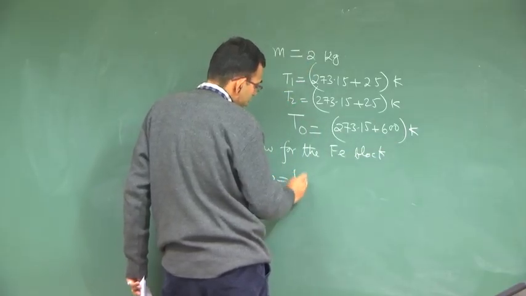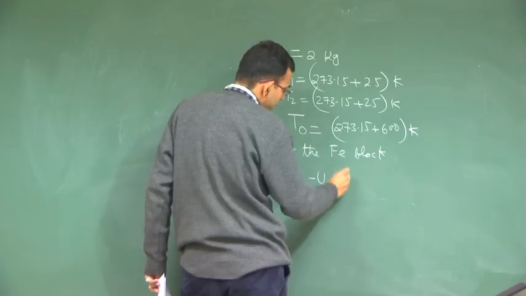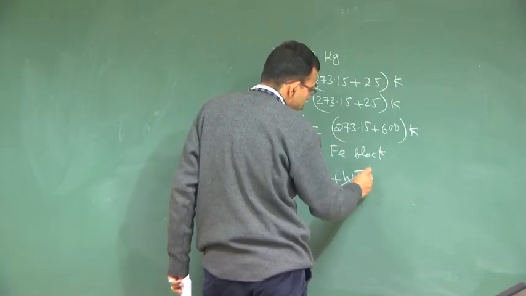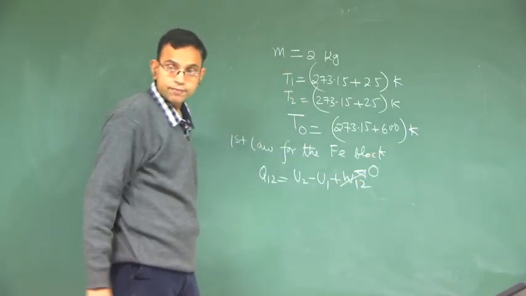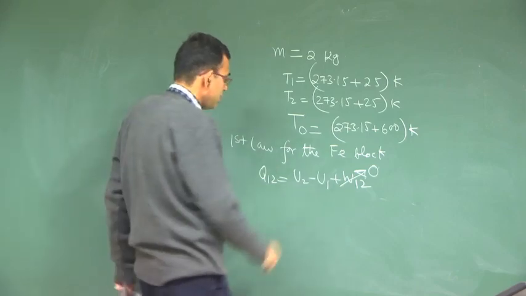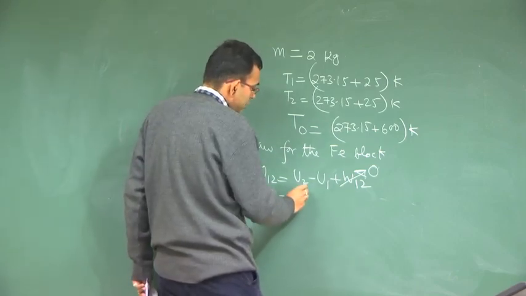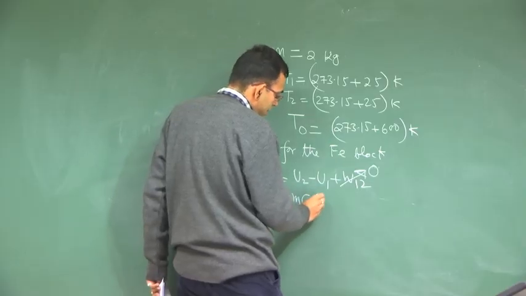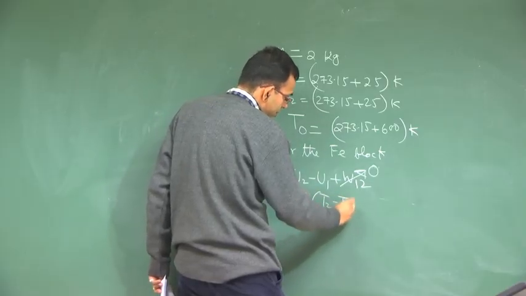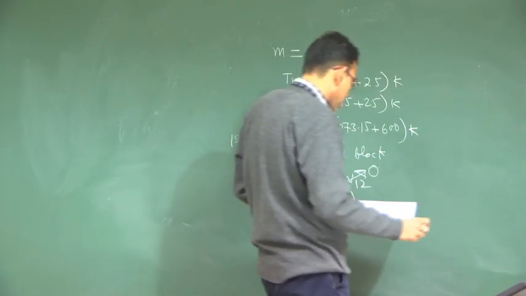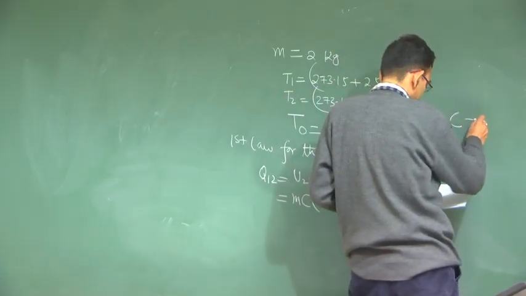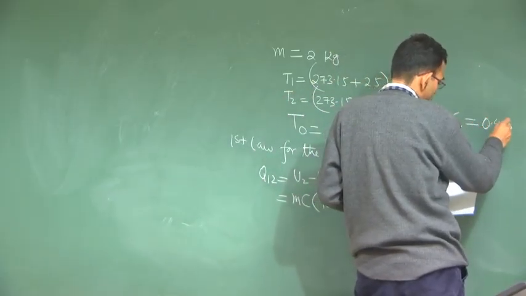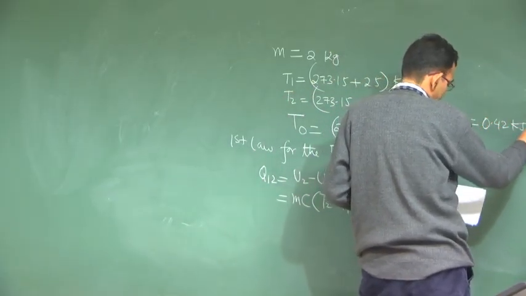Q12 is equal to U2 minus U1 plus W12. Copper block does not do any work. So, the heat transfer is simply, and U2 minus U1 for a solid object like copper is mc into T2 minus T1. The specific heat of copper C is 0.42 kilojoule per kg Kelvin.